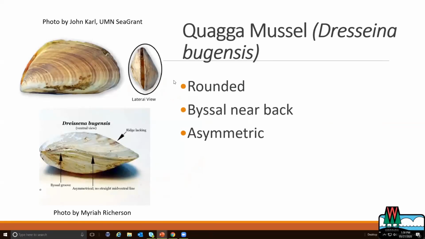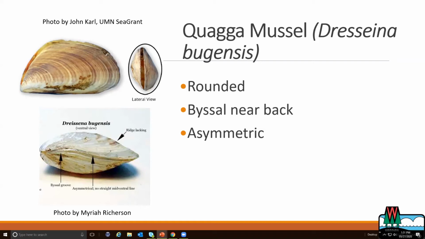Up next, we have the quagga mussel, and the zebra mussel will be the following slide. I don't have a map for the quagga mussel, unfortunately. The biggest trouble here is going to be differentiating the quagga mussel from the zebra mussel. Some of the ways to tell the difference are that this is a much more rounded creature with an asymmetric shell. You can see that in that lateral view there.